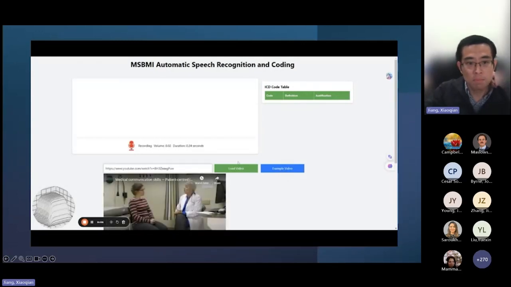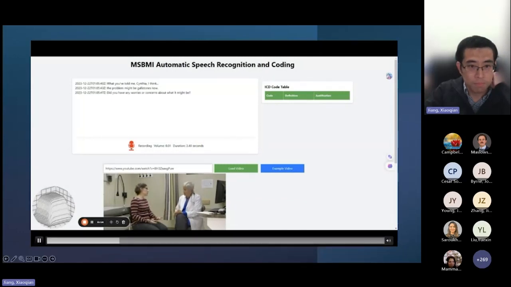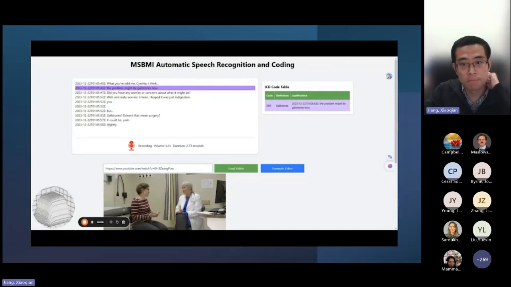Well, from what you've told me, Cynthia, I think the problem might be gallstones now. Did you have any worries or concerns about what it might be? Well, not really worries. I mean, I hoped it was just indigestion. But gallstones, doesn't that mean surgery? It could be, yeah. It's likely. Okay. You see, we're planning this big family trip soon, and I'd hate to ruin it for them.